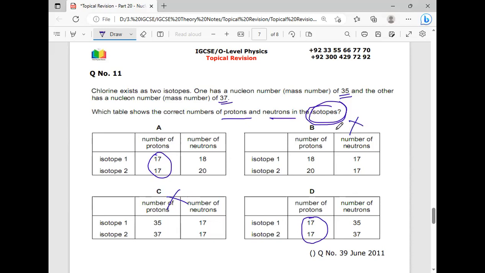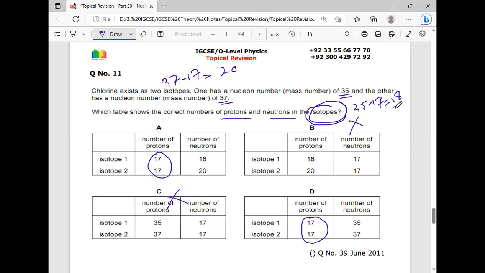Number of neutrons: so what we will do, we will calculate 37 minus 17, which is equal to 20, and the second one is 35 minus 17, which is 18.